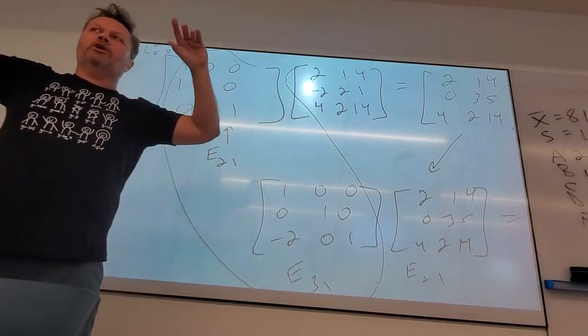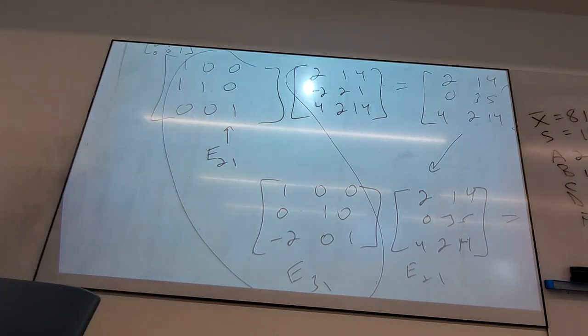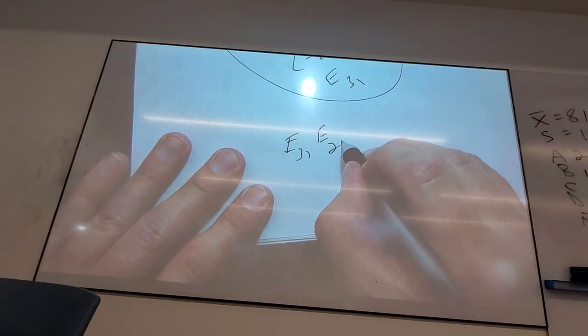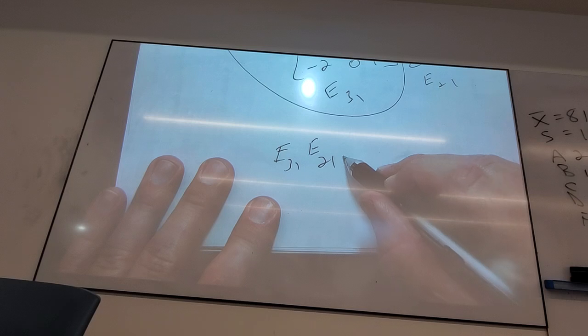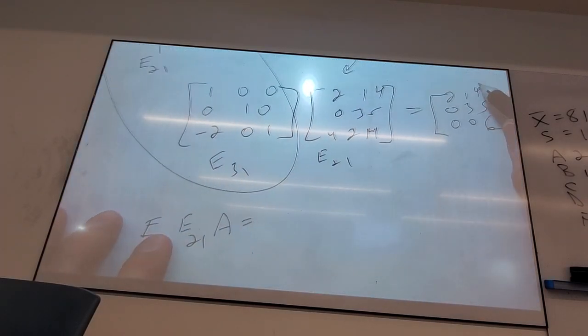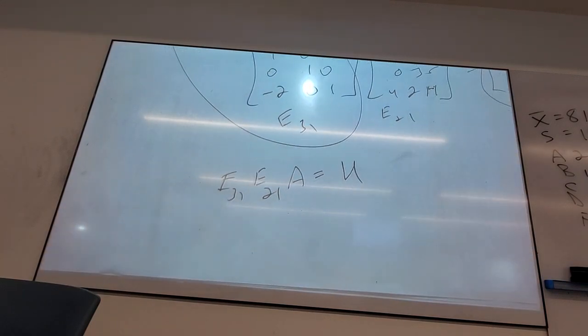I've got to multiply them in the correct order, though. Which one did I do first? E21. So I have to multiply E31 times E21. We applied that to A, and my result was, what letter would I use to represent this? U.